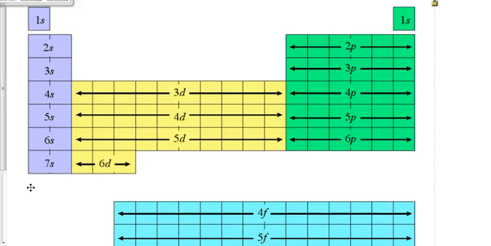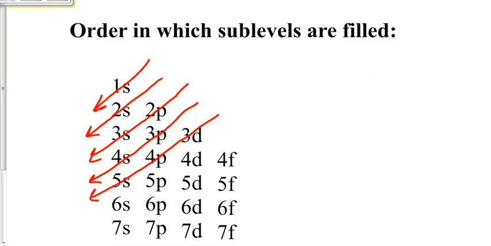You certainly can use the periodic table as a reference to figure out which sublevels come next, or you can use the trick that I'm going to show you on the next page. The order in which you set up your sublevels from lowest to highest involves setting up a little chart first. You'll set up all the s's in one column.